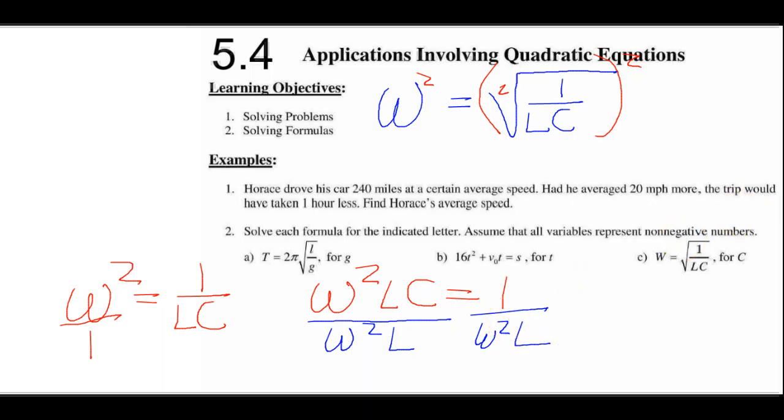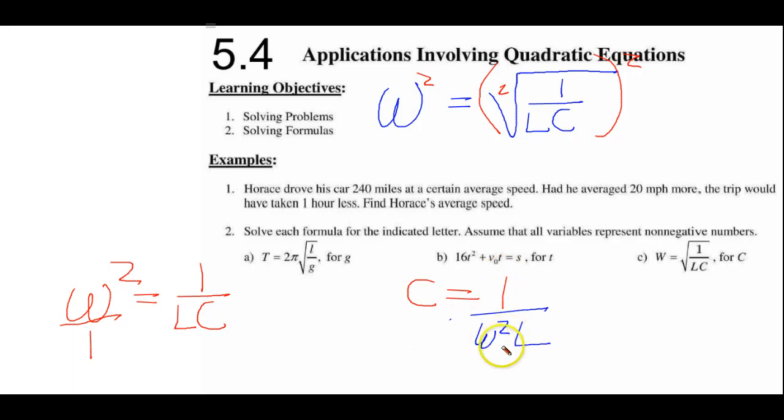And we end up with C equals 1 over W squared L. And you'll notice they have it written LW squared, but that's not a problem. This is good. Okay, we are going to do a few other little exercises to give you some more practice, but this will wrap this up.